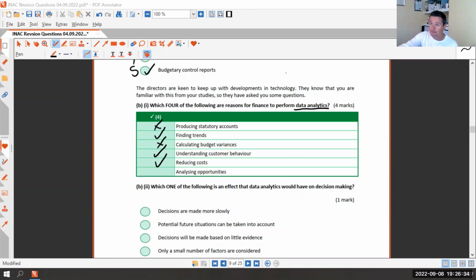Reduce idle time. Yeah, you could use data analytics to analyze when a lot of idle time occurs, and then think, well, actually, let's reduce the number of people we've got there. For example, you've got a 5-day working week, and some weeks you've got some people ill, some people on holiday, some weeks no one on holiday, and some weeks you'll have a bit of idle time, some weeks a lot more.